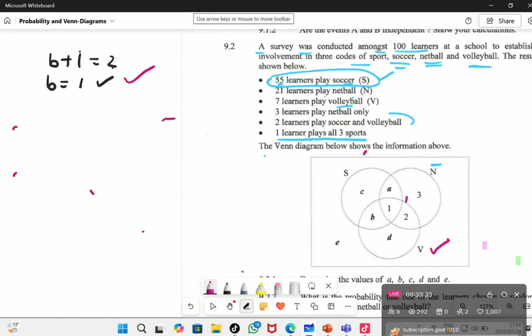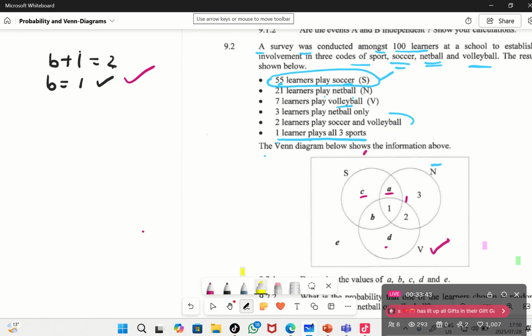Okay, so to make it easy, we already found the value of B. Now we're looking for the value of A, C, D, and E. I think the quickest way to go about this is the number of learners playing netball. They tell us that the number of learners playing netball is 21.